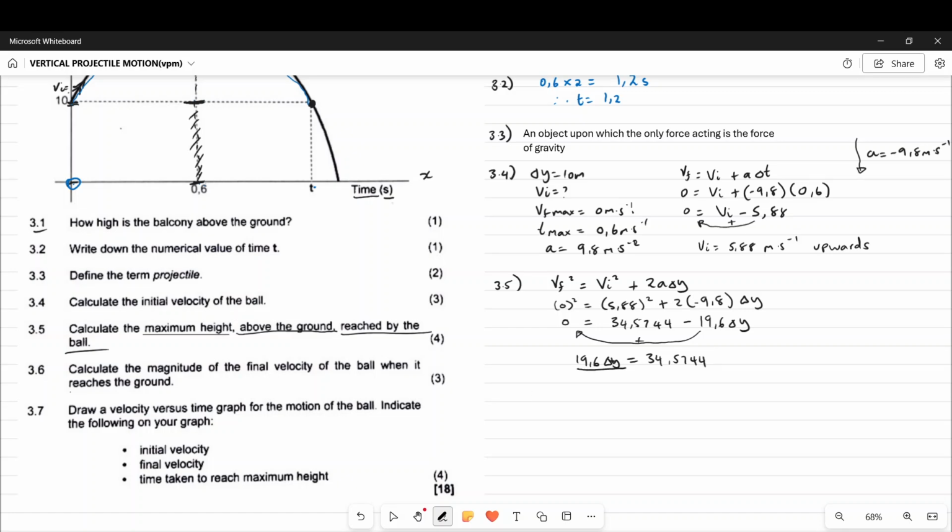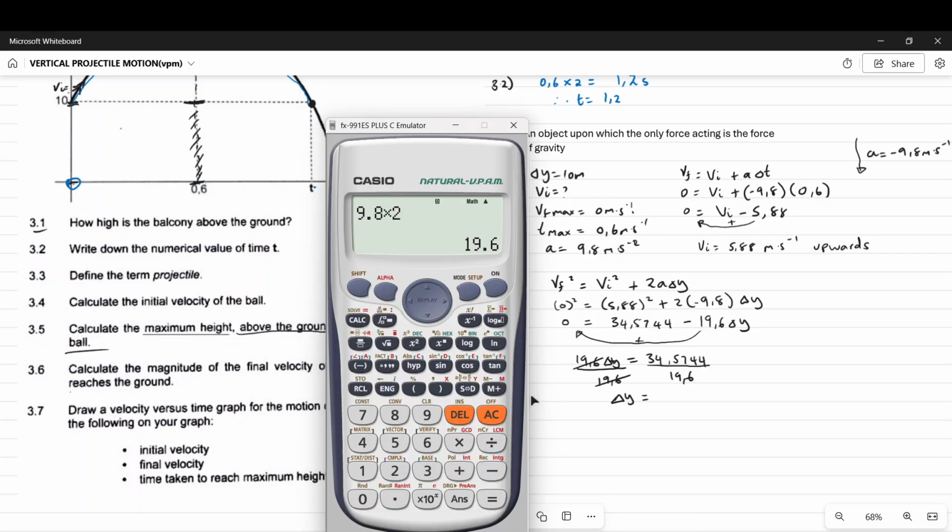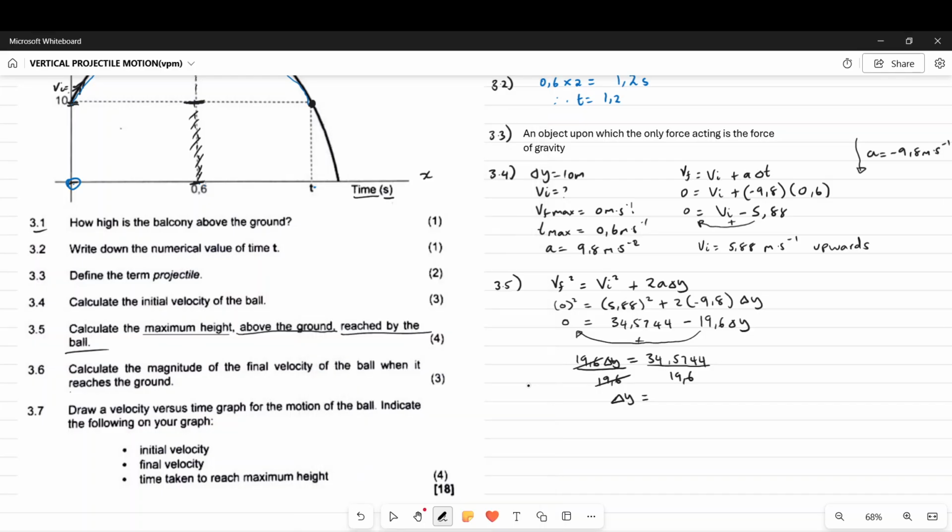So now you're going to divide this by 19,6, so it cancels out, so delta y is equal to, now take your calculator, 34,5744 divided by 19,6, which will give you 1,764 meters, right? So now this is the height.